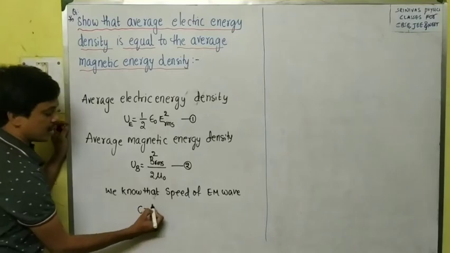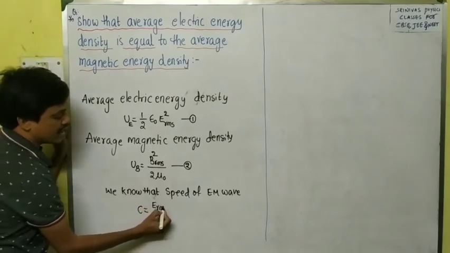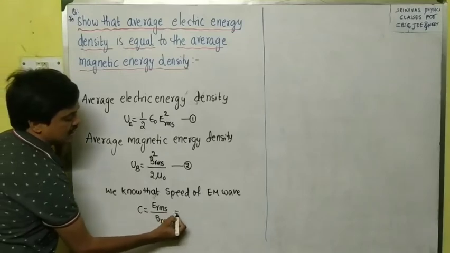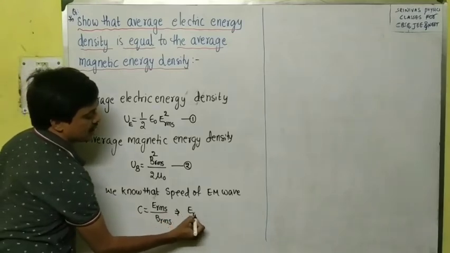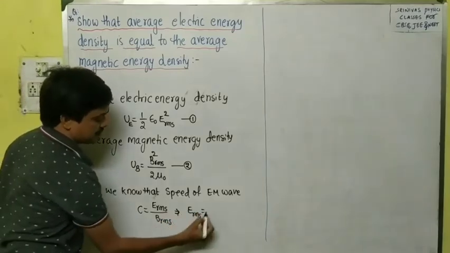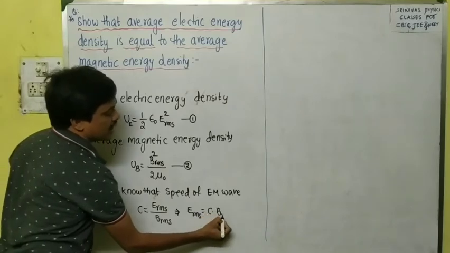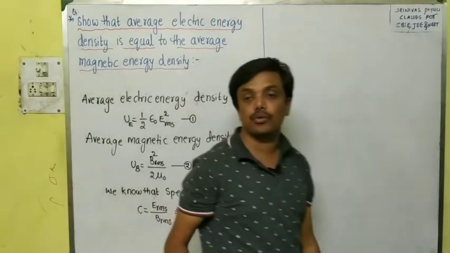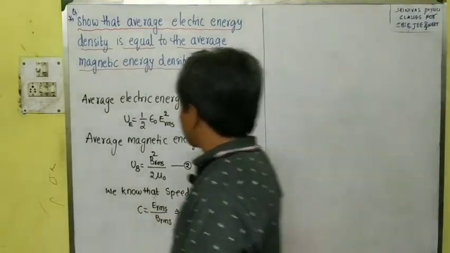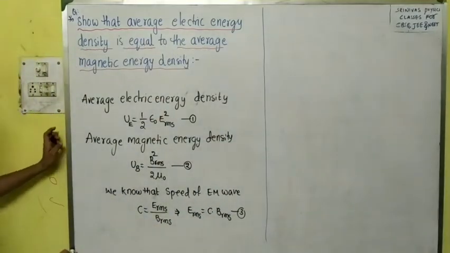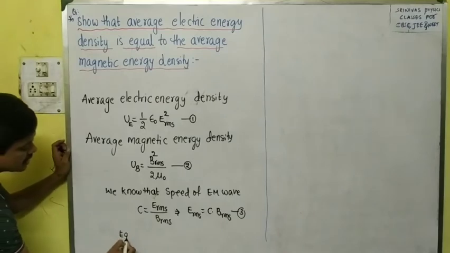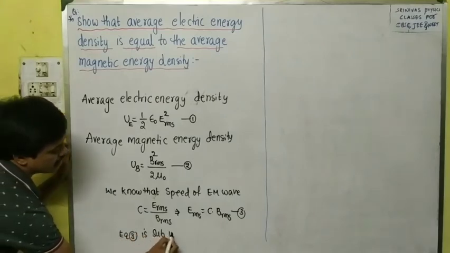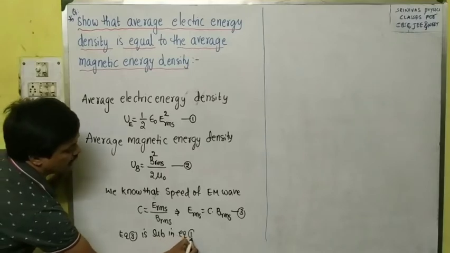That we know as E_RMS by B_RMS, that is C. Okay, from this we write E_RMS as C into B_RMS. This is equation 3. Now what I have to do? Now I will substitute equation 3 in equation 1.